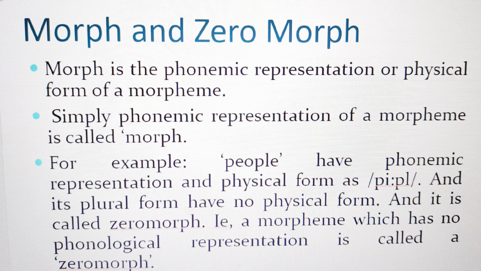It is called a zeromorph. So we cannot add an s as a plural marker there, because the plural marker is people itself. A morpheme which has no phonological representation is called a zeromorph.